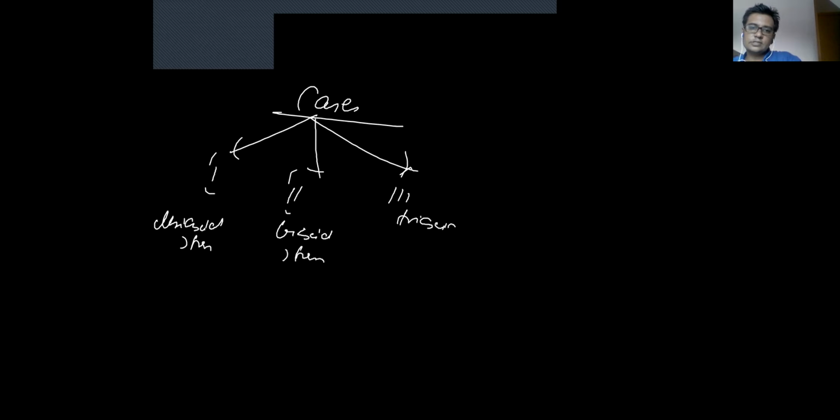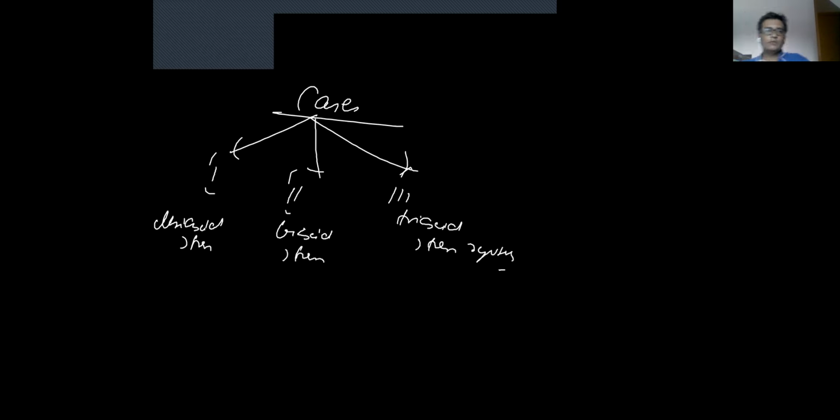So if you want, I will get it revised. We have three different types of cases: the first case, second case, and third case. In the first case, we will see uniaxial stress. In the second case, we will see biaxial stress, and in the third case, we will see the triaxial stress system.